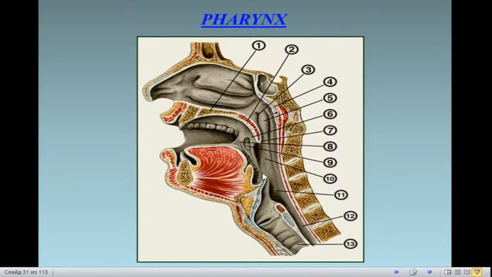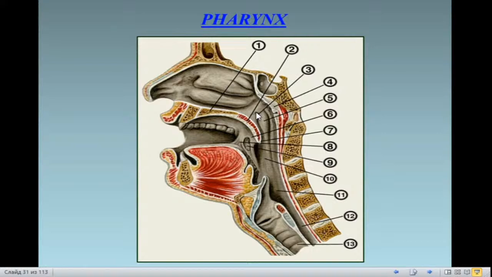These are the parts of the pharynx seen better. The nasopharynx's peculiarity is that it's connected to the nasal cavity by means of choanae. Choanae are the exits from the nasal cavity to the nasopharynx.